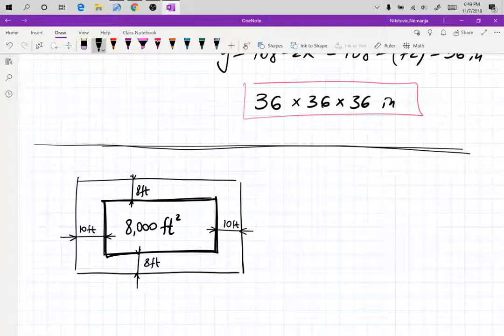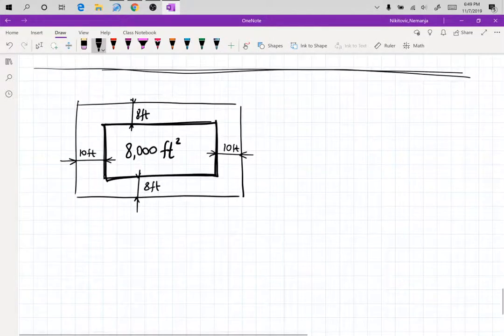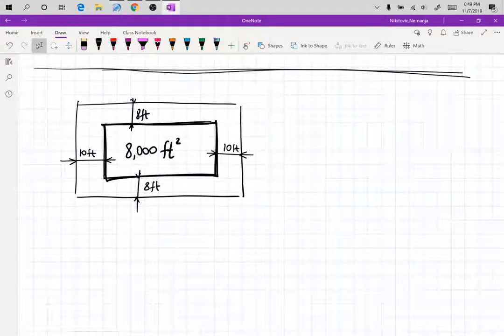Now, you're already paying the flat price for the pool of this size, so don't worry about that. We are worrying about the concrete, right? Because our goal is to minimize the amount of concrete, which minimizes the cost for the concrete, which minimizes the cost of the entire build. So you're paying for 8,000 square foot pool no matter what. The only thing that you have to build in addition is this extra concrete surrounding the pool, and we want to minimize the cost.